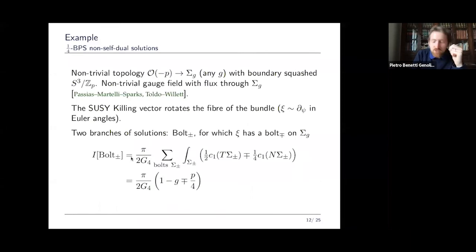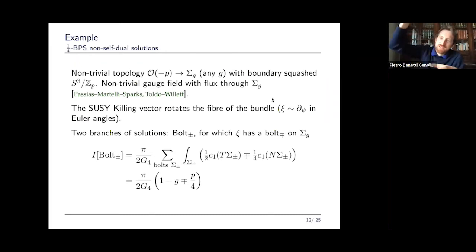So we can also consider solutions that are more complicated. Until now I've only considered trivial topologies. Either they were flat space, like AdS4 is just flat space topology, or they were a product topology of a disk times a Riemann surface. However, I can consider topologies that, as Ayman was saying earlier, are more complicated.